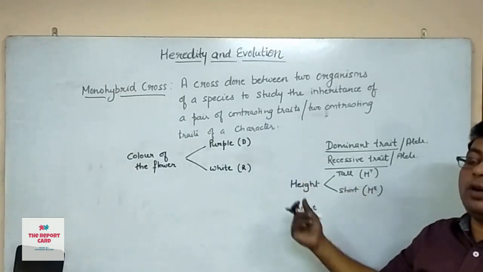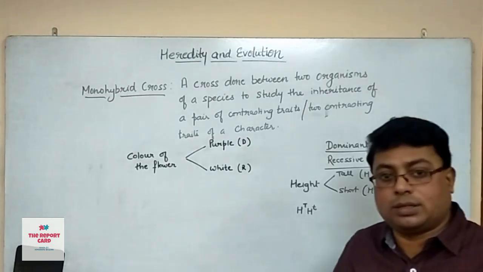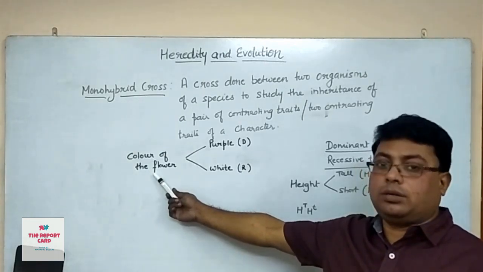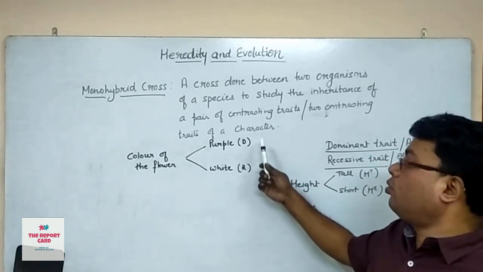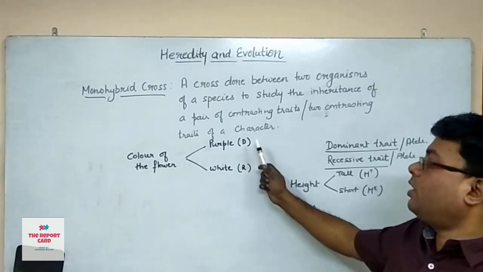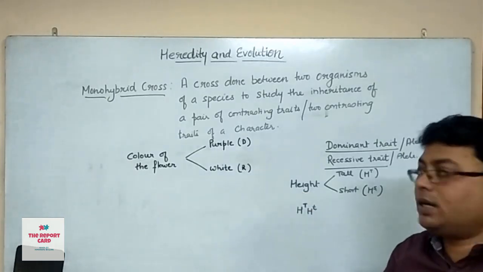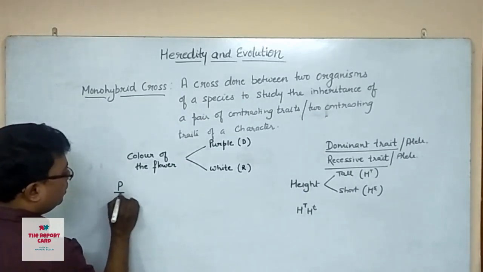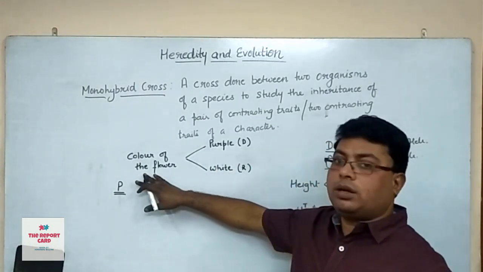So what will be our first step? Our first step will be to decide which alphabet we are going to use to depict the allele for this character. I told you that we are going to use the first letter of the dominant trait. So the first letter of the dominant trait over here is what? P, that is purple. So I have decided that I am going to use the letter P to write down the alleles of this particular character.